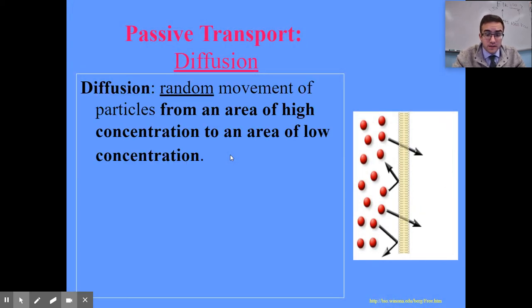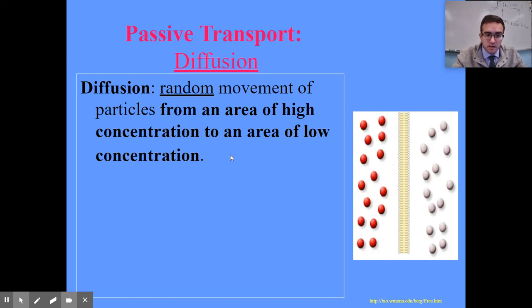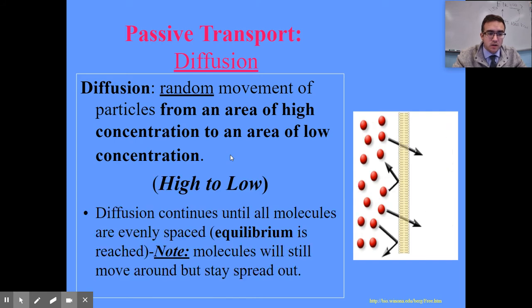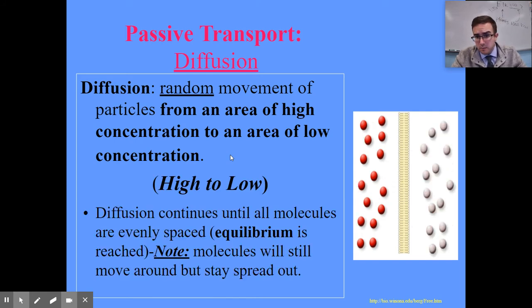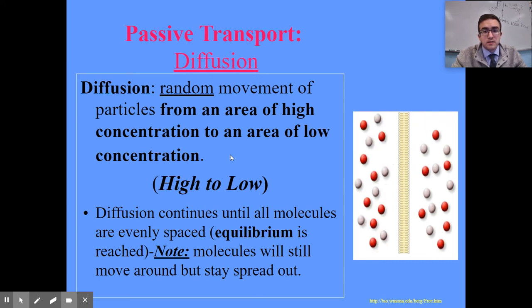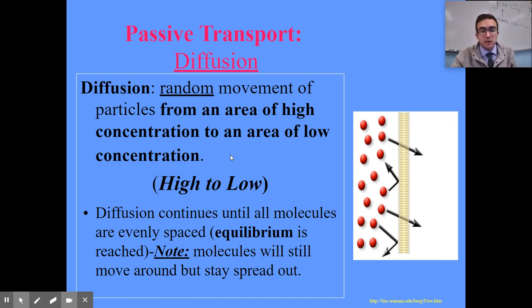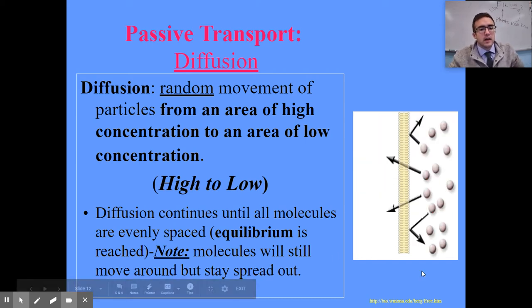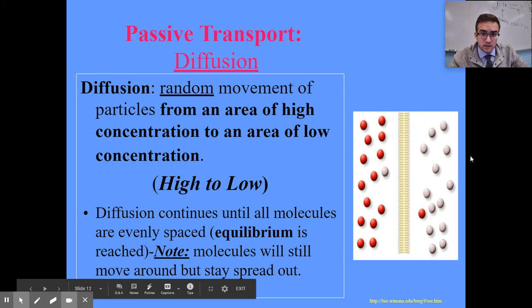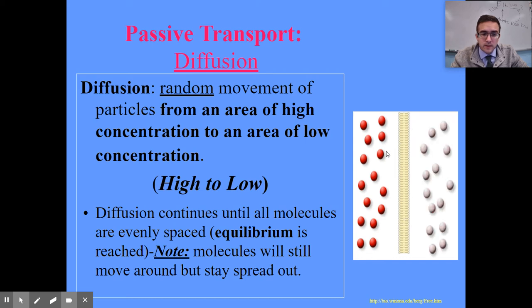So again, diffusion is just the random movement of particles from high concentration to low concentration. It will keep going until all molecules are evenly spaced. When they reach that, they'll still be moving, but they will stay spread out. If we look at our picture over here, we have red particles and white-gray particles.